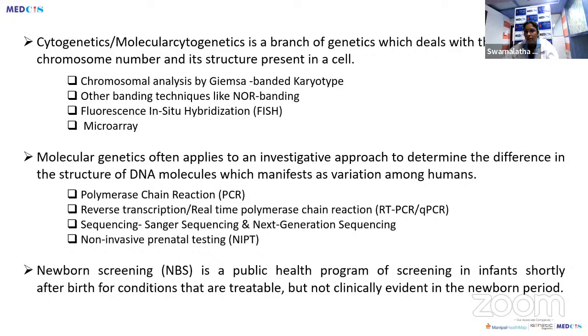A higher-end technique compared to karyotyping is the FISH technique, where a probe for a specified region is made and FISH is performed on that particular region. The higher resolution one is the microarray. By doing this, you can analyze the chromosome number and structure present in a cell.